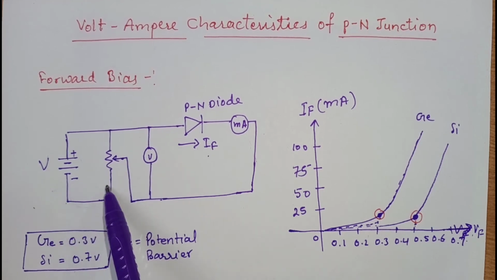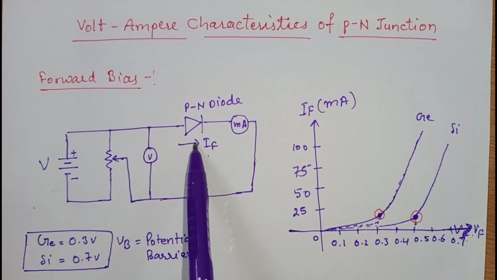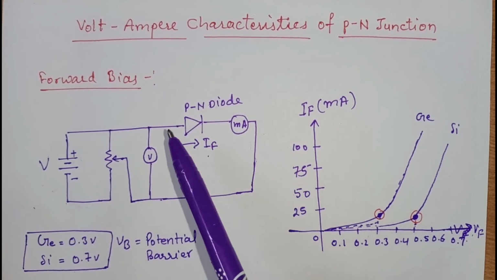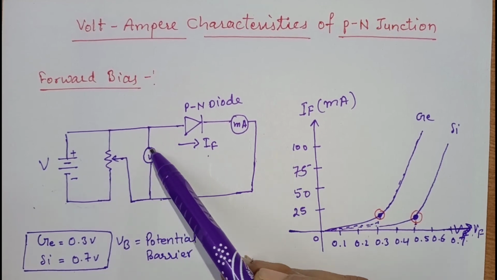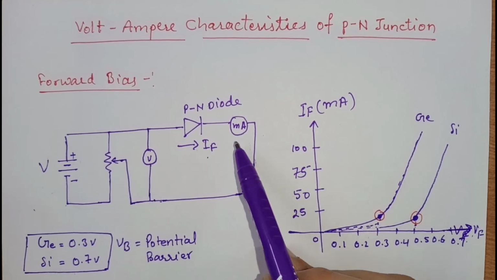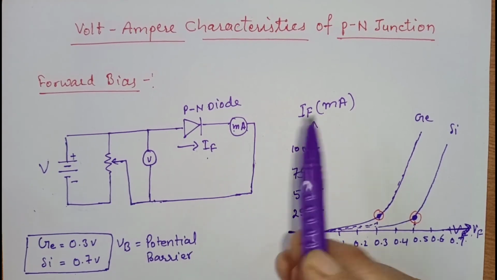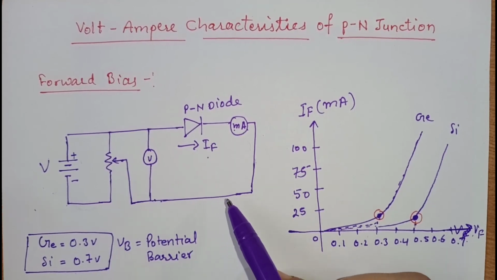Using this potential divider arrangement, we can vary the voltage across the PN junction. To measure how much voltage we are applying, we have used a voltmeter across the PN junction, and a milliammeter to measure the current through the PN junction. So this is the arrangement.